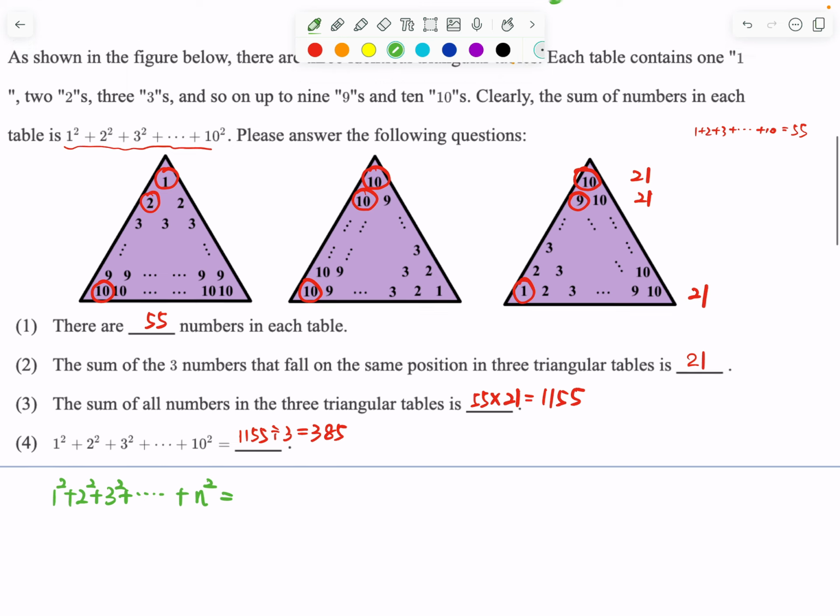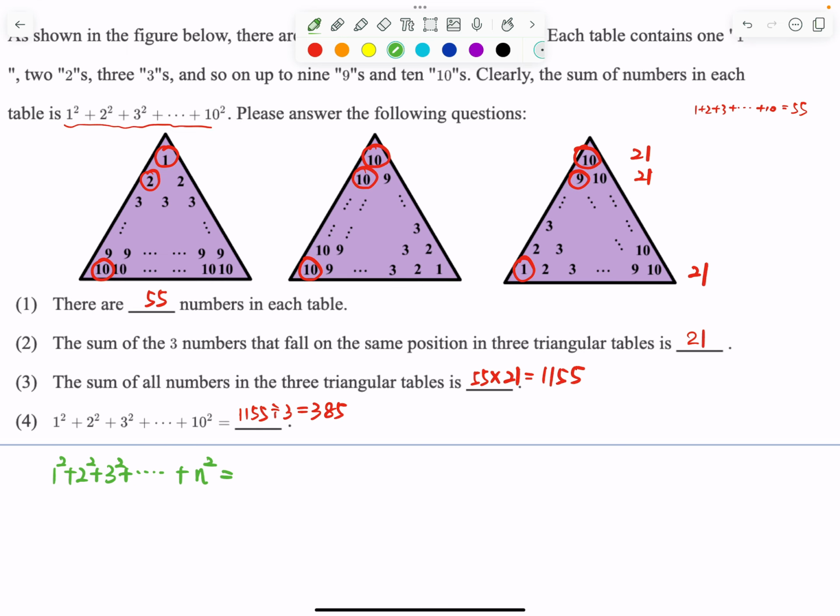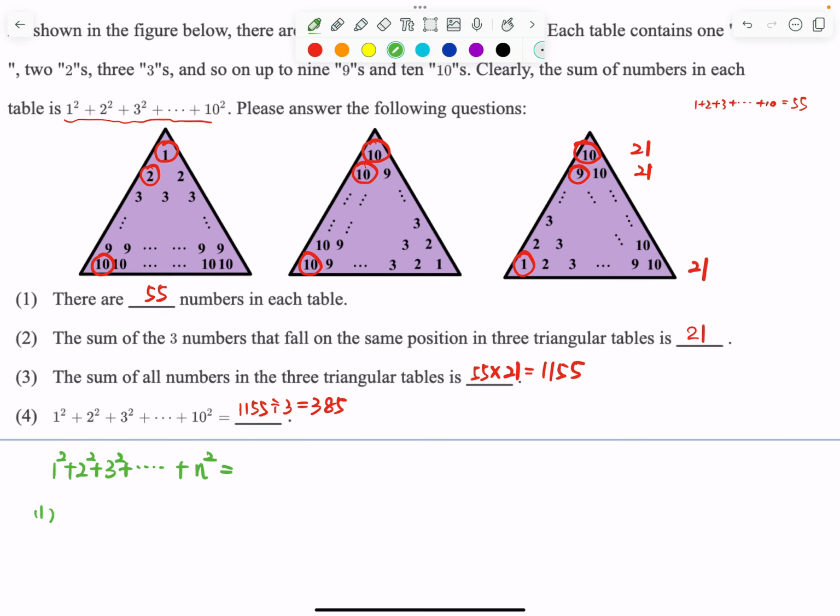For example, if I have n square, let's still answer the same questions. The first question: how many numbers are there in each table? Remember, we are calculating 1 plus 2 plus 3 plus and so on plus 2n. Using the Gaussian sum, it will be the first number plus the last number, times how many numbers we have, then divide by 2.